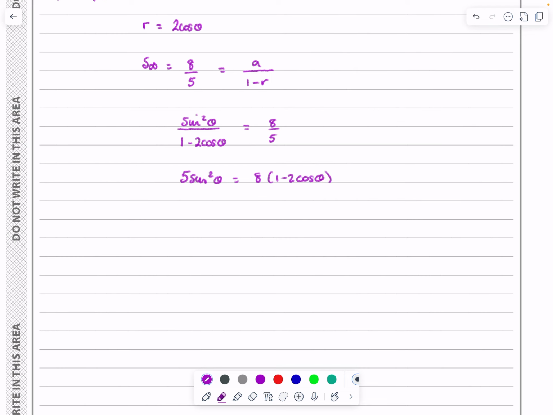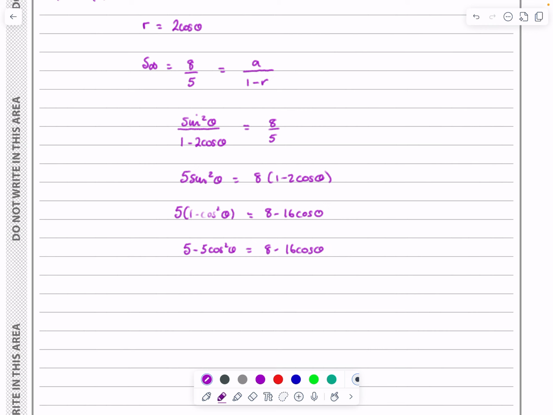And then the sine squared, that's the one I'm going to change. I'm going to change that to 1 minus cos squared, aren't I? So I'm going to get 5 lots of 1 minus cos squared theta is equal to 8 minus 16 cos theta. Multiply that out, so 5 minus 5 cos squared theta is equal to 8 minus 16 cos theta.